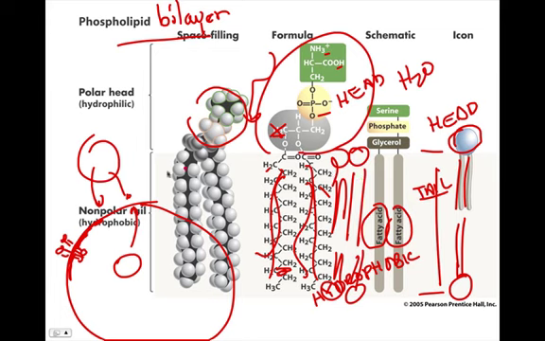And so that's why the phospholipid bilayer is organized this way. It has an outer hydrophilic region, an inner hydrophilic region, and a hydrophobic core. So water on the inside is attracted to the membrane, water on the outside is attracted to the membrane, and the membrane's being held together by non-covalent, weak interactions.